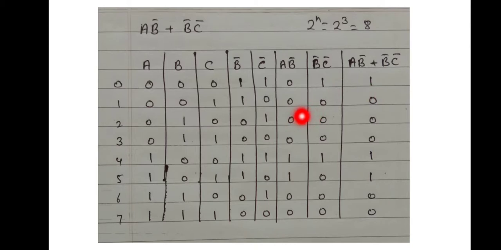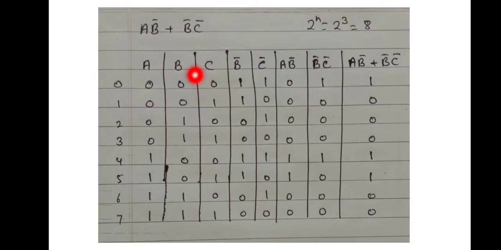But when both are 0, the answer is 0. If both are 1, the answer is 1. If this is 1 and this is 0, the answer is 1. So this is how we have created it. We have got a column representing the entire expression. So this is your entire truth table for this expression.